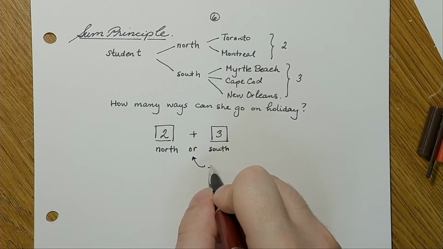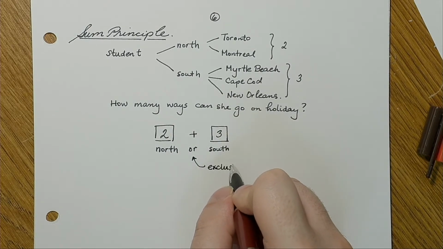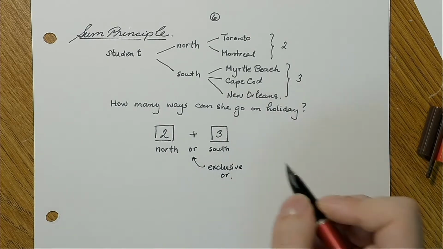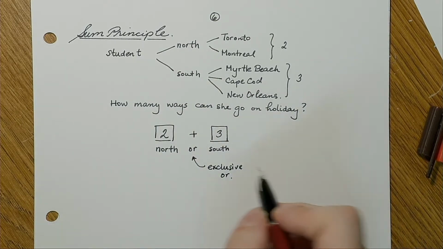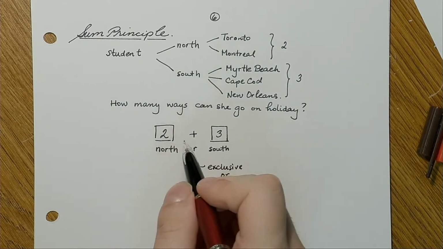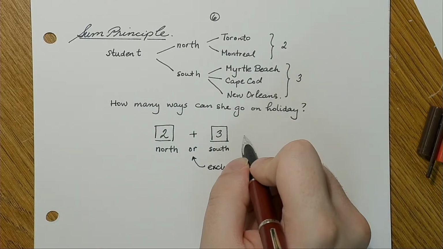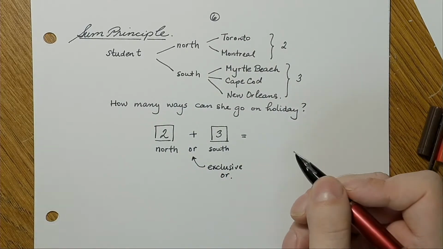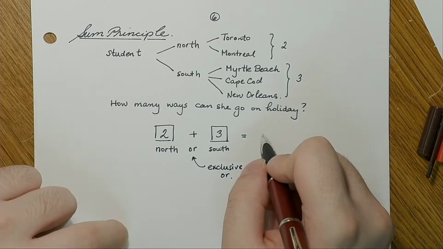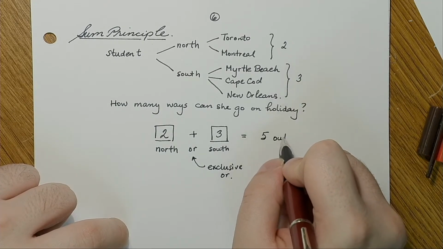Now notice that this is the exclusive or. She can't do both, right? She's picking one or the other. It's not like she's going to go north and south. So when we have that, we have 2 plus 3, which gives us 5 outcomes.